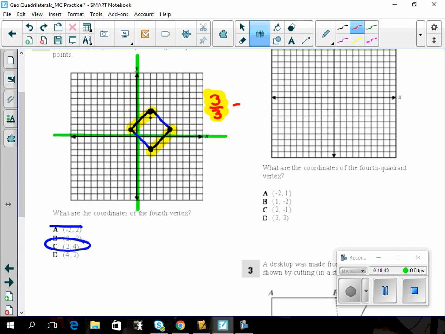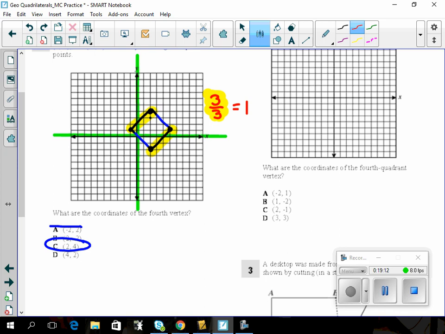Good. If they are perpendicular, which means they have right angles, what should the slopes of the other two sides be? -1. Remember that perpendicular lines have opposite reciprocals. So that means I'm going to flip these numbers, 3 over 3. I'm going to flip them and make them opposite sign.